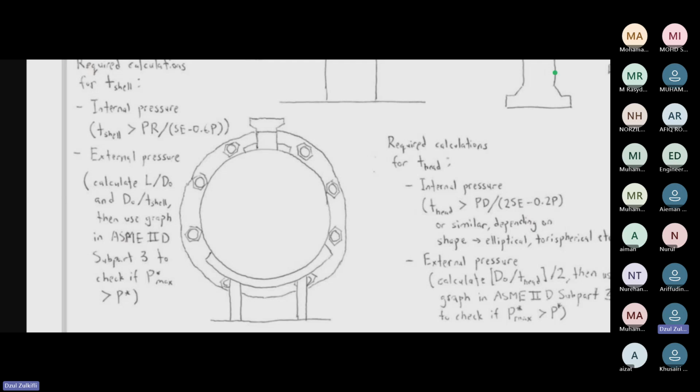Internal pressure is the most common thing you calculate for a pressure vessel, but there are some other key design conditions that you should pay attention to also. One is called external pressure. External pressure does not affect many vessels, but it can affect vessels where, for example, just upstream or downstream of the vessel there is a pump or a compressor that is continuously sucking the content of the vessel.